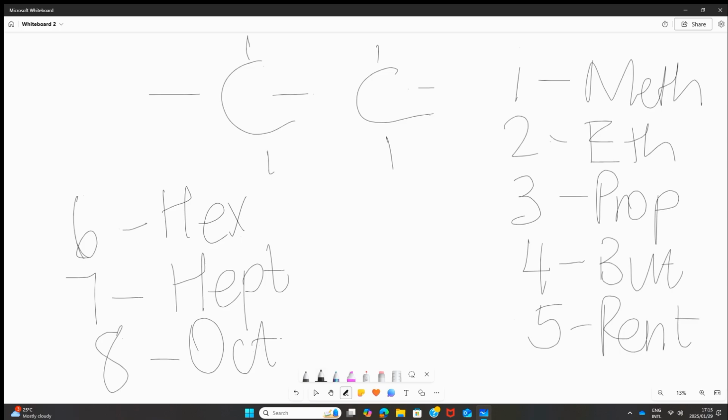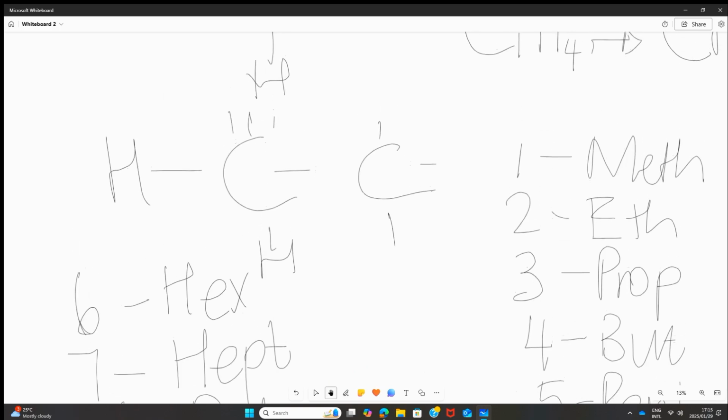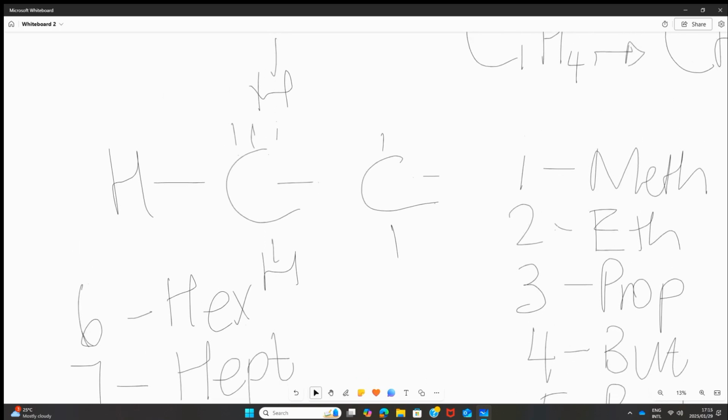Now, when you have got 2 carbon atoms in the longest chain, and then you fill them up with your hydrogens, let me move that a bit. You fill them up with your hydrogen. Let me remove this because now it looks like it's another bond, and it's not. So let me quickly remove that from the top. Now we have got this.